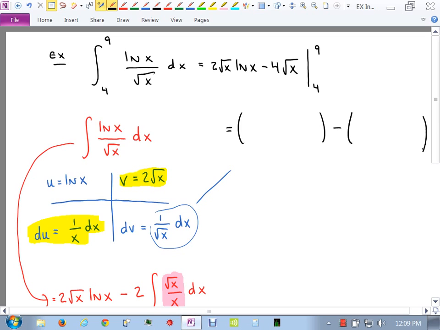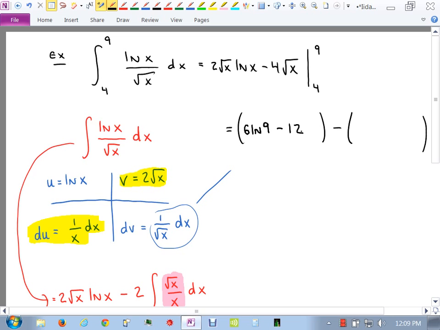So what do you get when you plug in 9? 2 times the square root of 9, square root of 9 is 3. 2 times 3 is 6. 6 natural log 9, right? Minus 12. Now plug in 4.